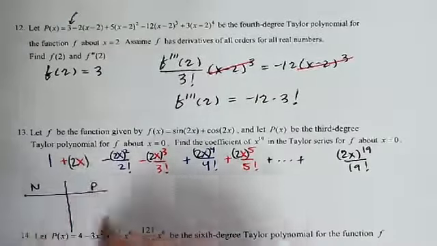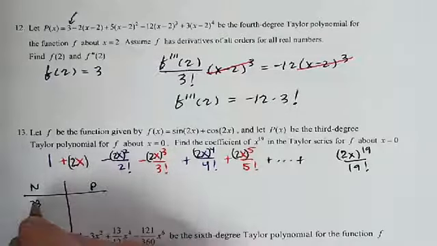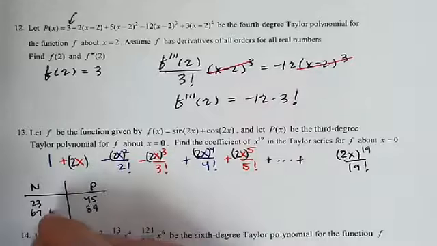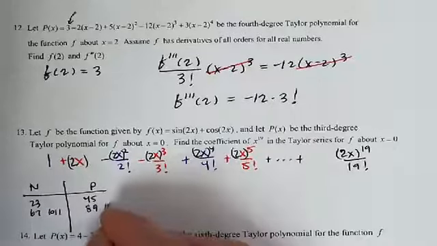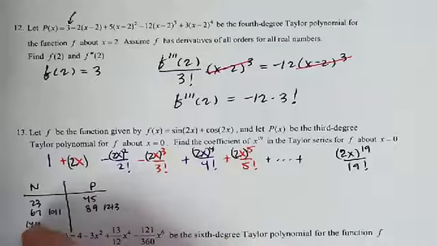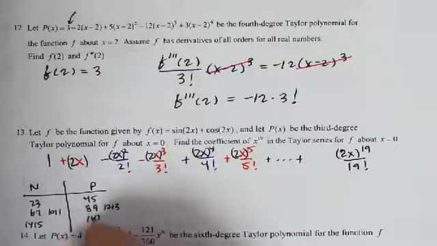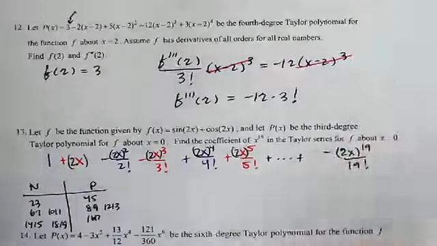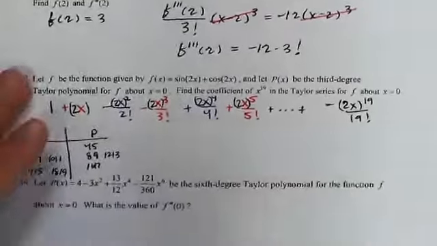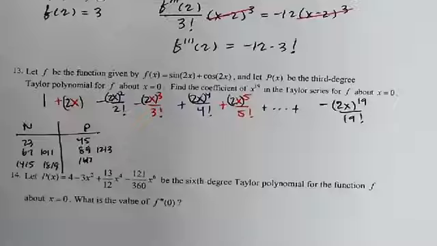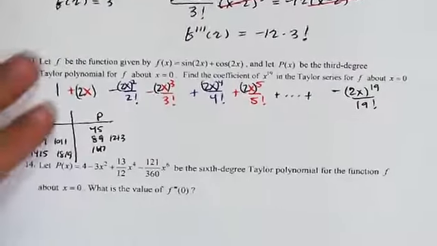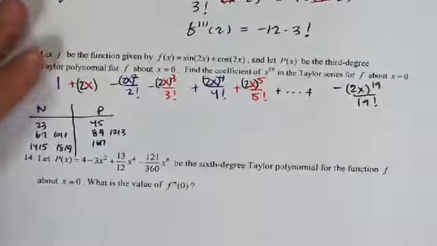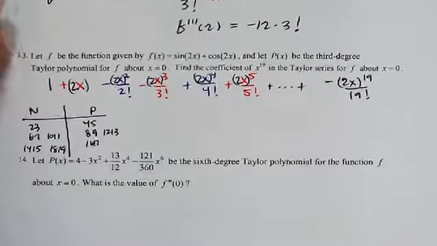I don't really know how else to do this, but I've got 2, 3 being negative, 4, 5 being positive, 6, 7, 8, 9, 10, 11, 12, 13, 14, 15, 16, 17, and 18, and 19. Okay, so it's going to be negative. I'm sure there's a better way to demonstrate that besides basically finger counting, but if you've got a better way, let me know, and I'll tell everyone else. I think someone came up with a pretty slick way to do that last year. I just forgot.